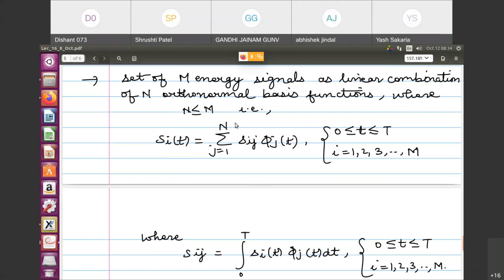That's why the word normal comes. Normal means that by normalization, their energy becomes unity. So it becomes orthonormal basis functions. So this is what we were doing, where N is less than or equal to M. We want s_i(t) to be written as a sum of these N basis functions which are orthonormal. The coefficient is s_ij. The time domain is 0 to T.